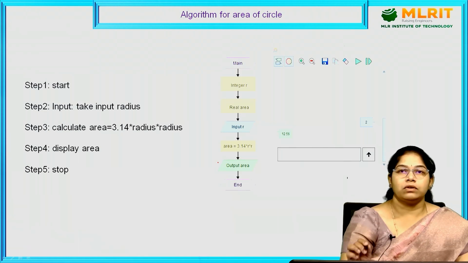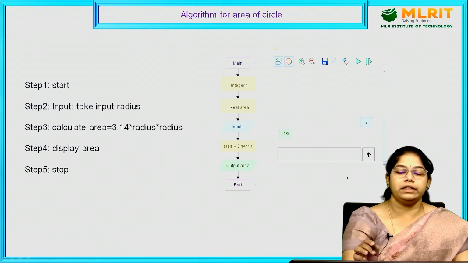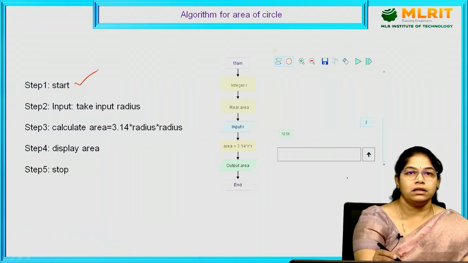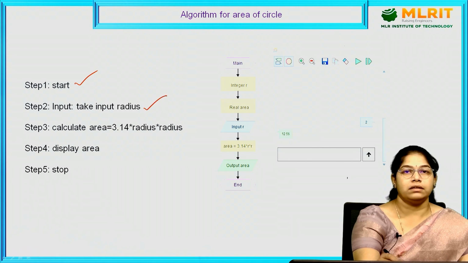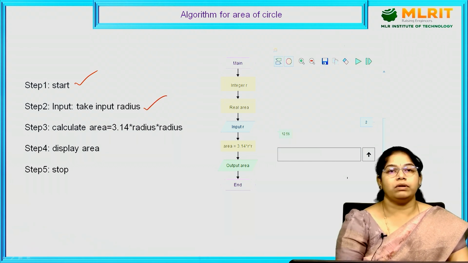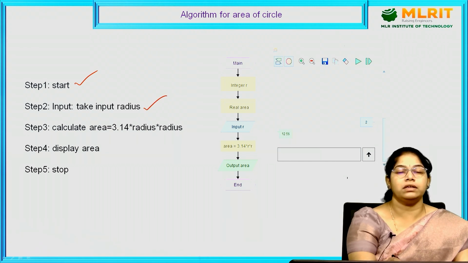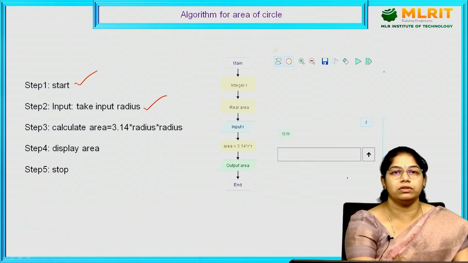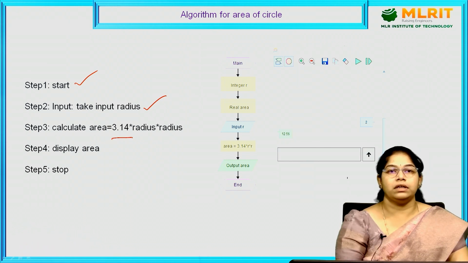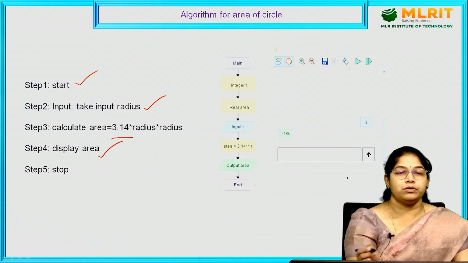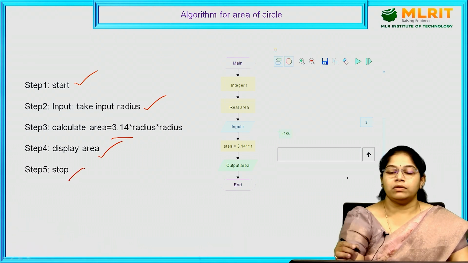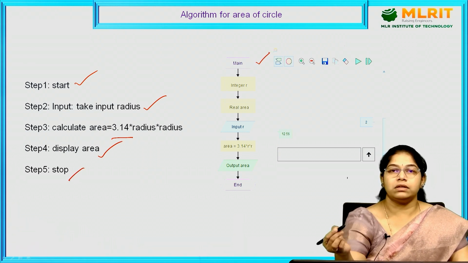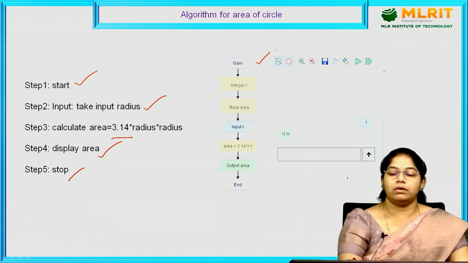Algorithm for the area of a circle under a sequence. Step 1: start. Take input as radius. Then to calculate the area of a circle, we know area is equal to pi r square. The pi value is 3.14 into r into r. Then display area, stop. For the start, we use a symbol in the flowchart called oval.